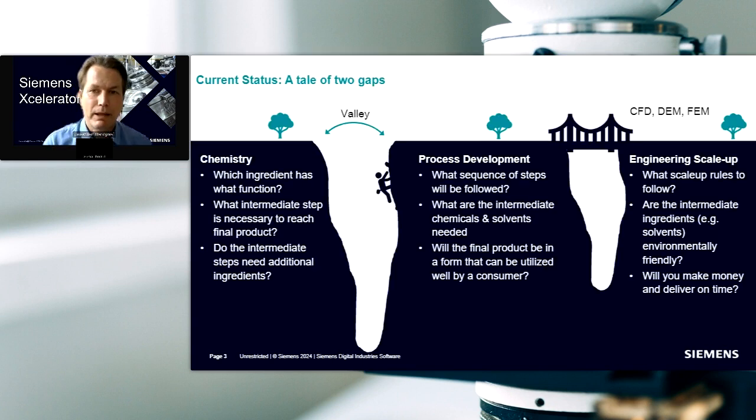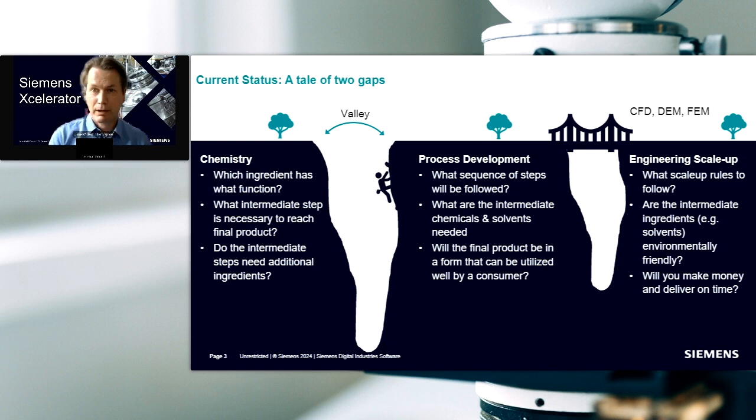Okay, so I guess this is an important slide to start off with. On the one hand, you're primarily developing your new chemistry in your labs at the R&D stage. And at some point, you need to bring that to the processing stage and then further on to the plant scale. And what we see when we look at software solutions that are out there in the market, both commercial and open source, there are quite a lot of tools to actually connect the processing to the engineering scale and the plant scale.